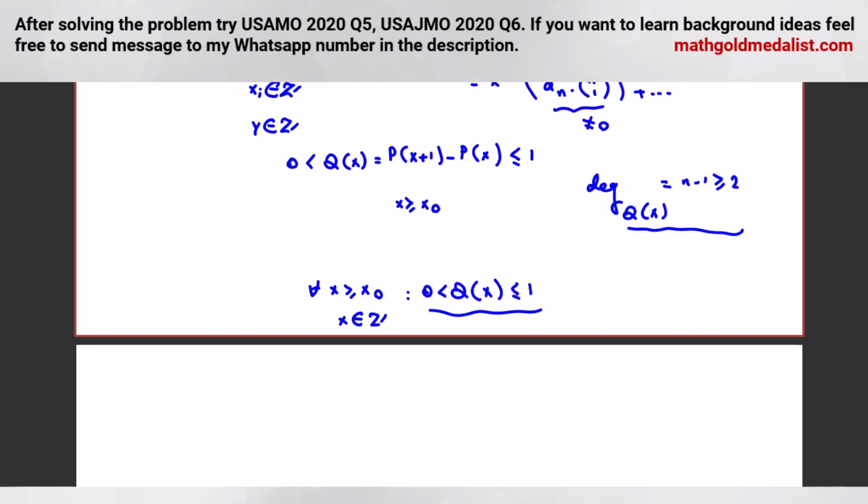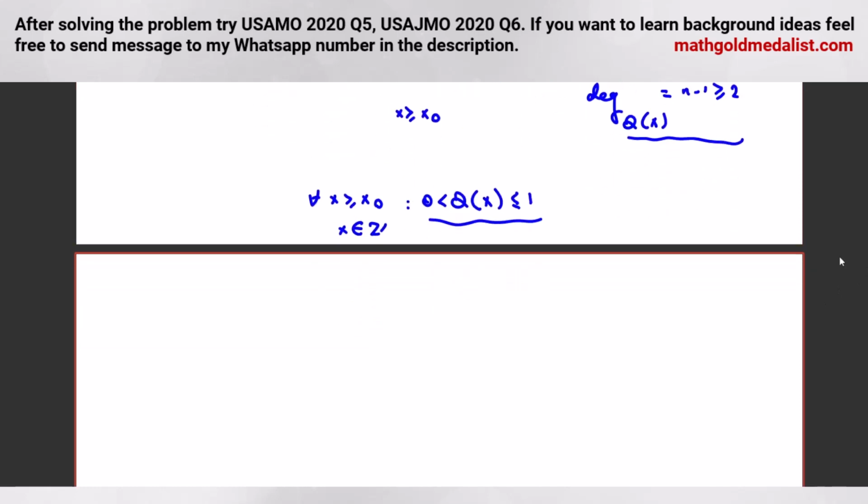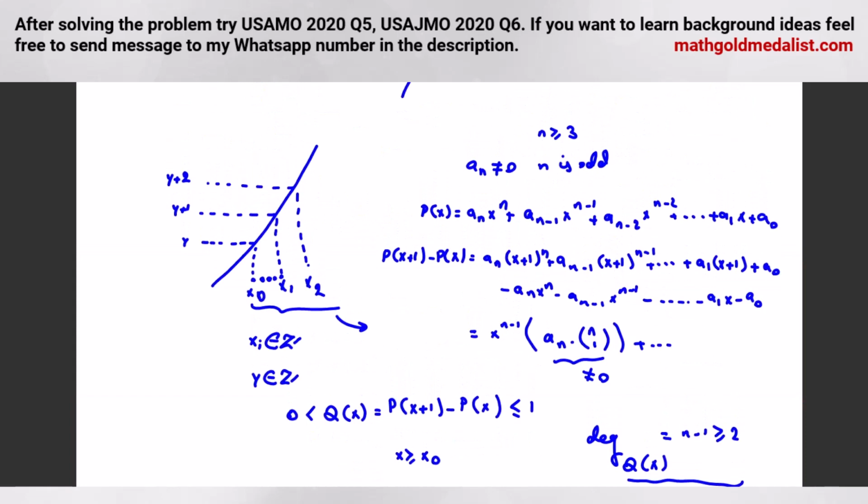Is it just that for some x0, the first term will be much bigger than the other terms, and so even if the other terms are negative and the first term is positive, it's possible to reach a value greater than one?